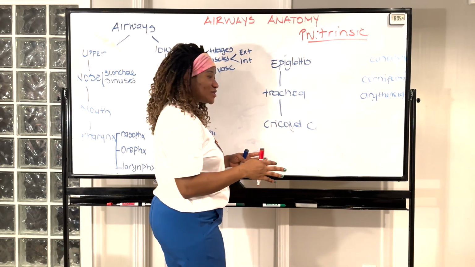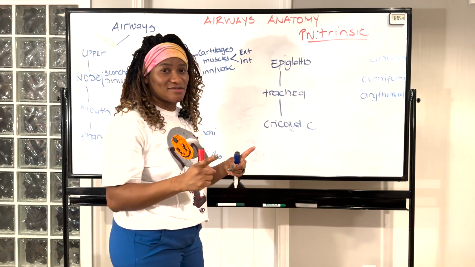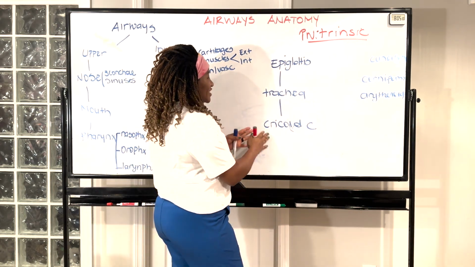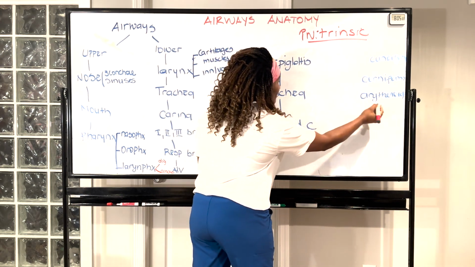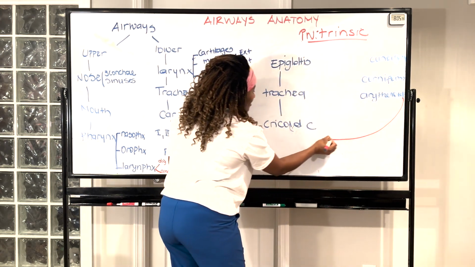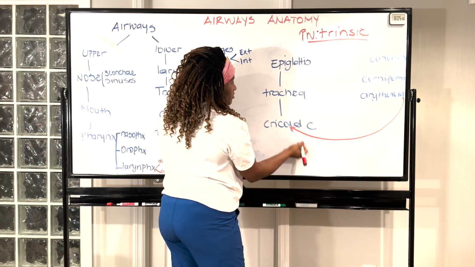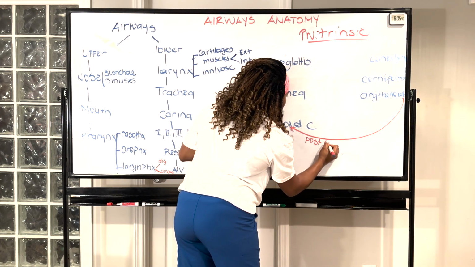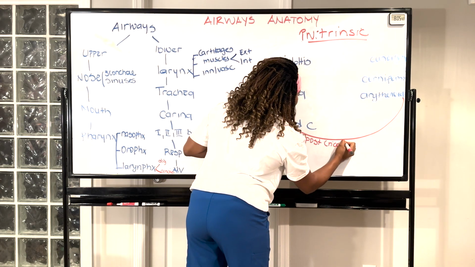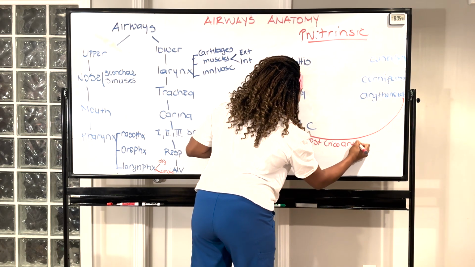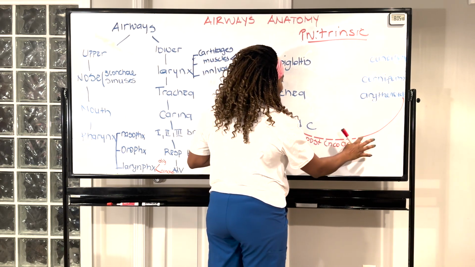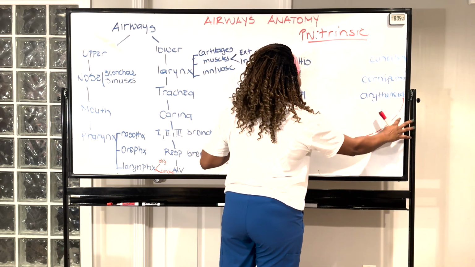First things first, we're going to draw the only muscle that opens the airway, and that is the posterior cricoarytenoid. Because it's posterior, I'm going to make it dashed so that you guys can remember.